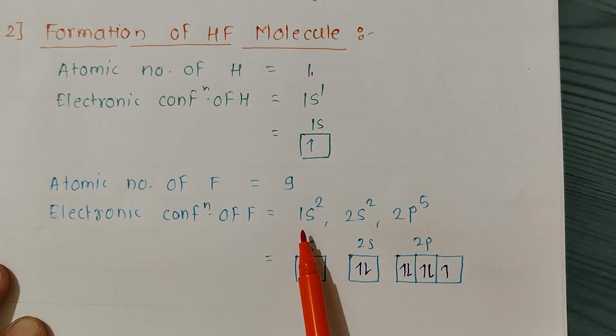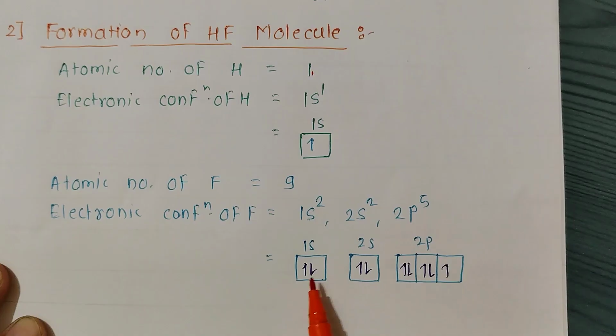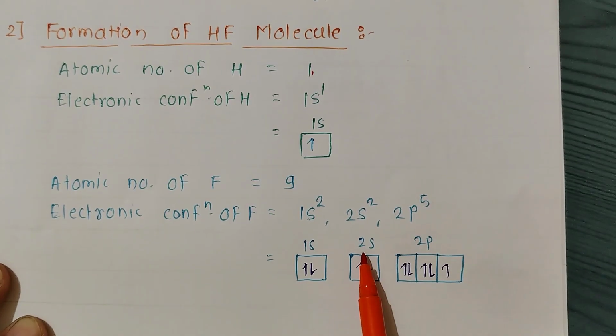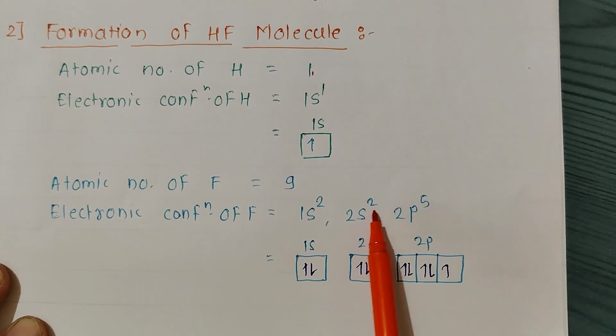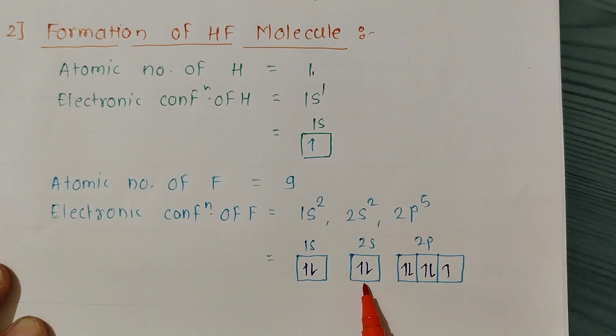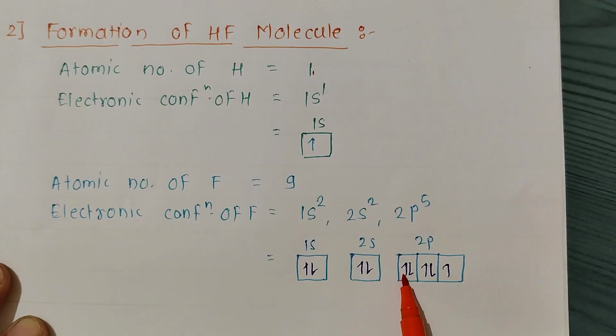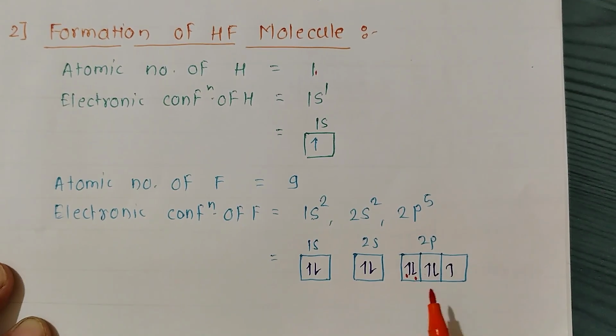Now the 1s orbital contains 2 electrons, so we fill 2 electrons. In the 2s orbital, 2 electrons are present. In the 2p orbital, 5 electrons are present: 1, 2, 3, 4 and 5.